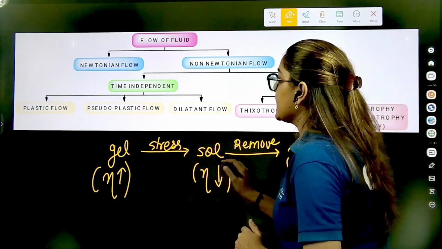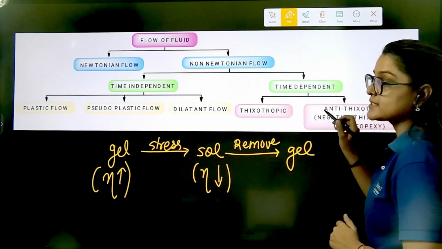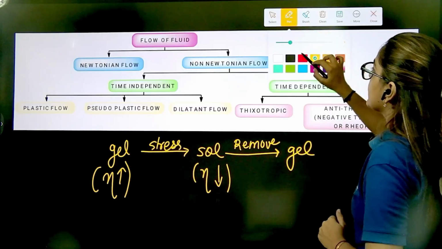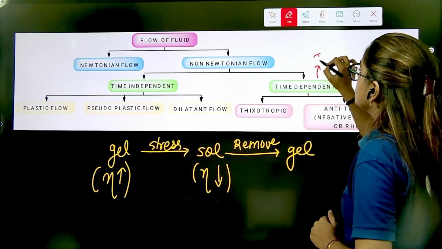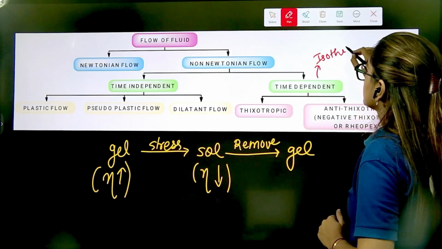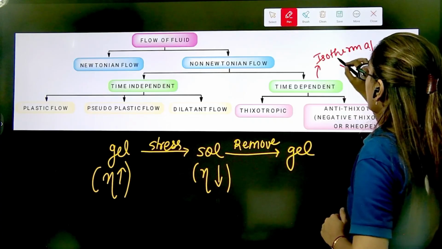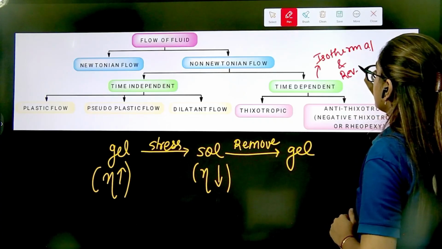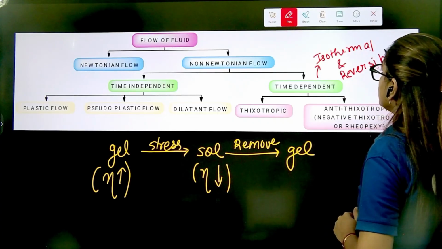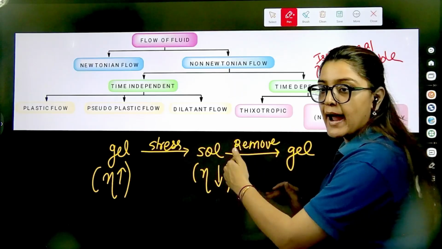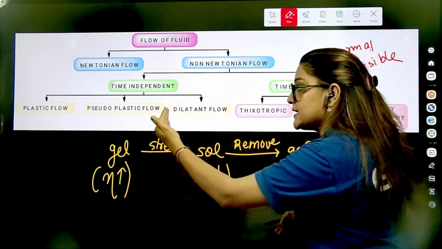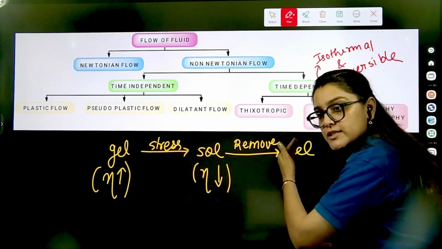So we can say in the time dependent system, we usually get an isothermal and reversible phenomena. That means again it changes back to its original state, initially gel to sol to gel state.